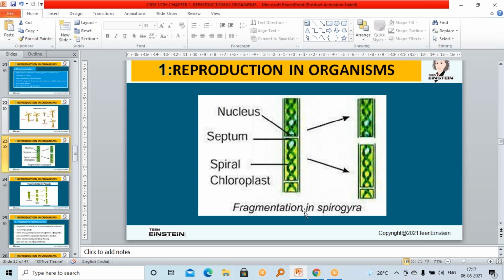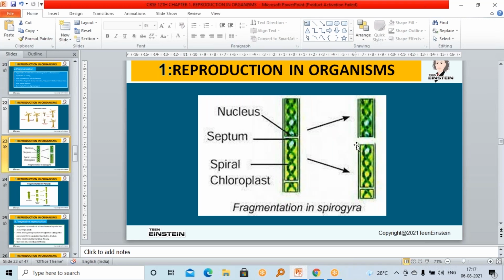Then in Spirogyra, asexual reproduction takes place by fragmentation. So during fragmentation, what is happening is that when the body of Spirogyra matures, it will break into many smaller pieces or fragments.